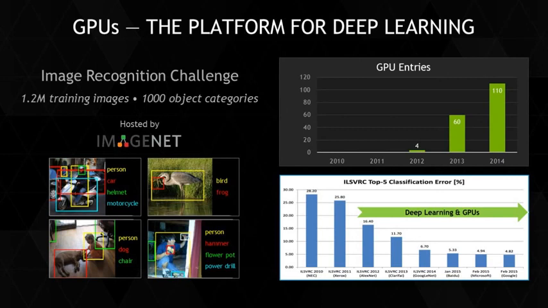The format of this contest is that the organizers provide 1.2 million natural training images of the kind we see on the bottom left here, and they provide the labels for the objects that are in the image. Those labels come from 1,000 different categories of objects. The task is to develop an algorithm which can correctly label the objects in an unseen set of test images.